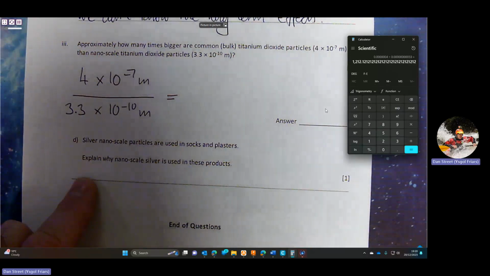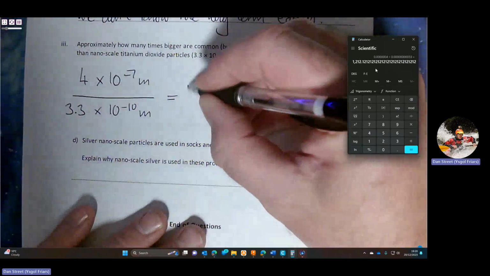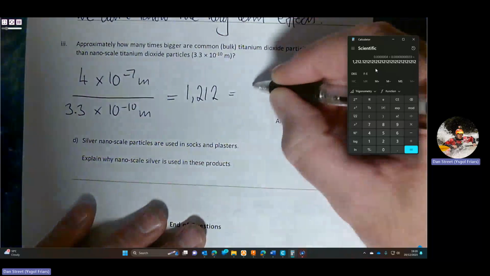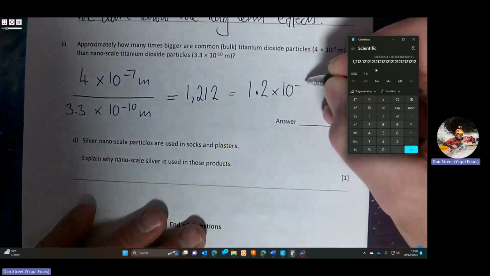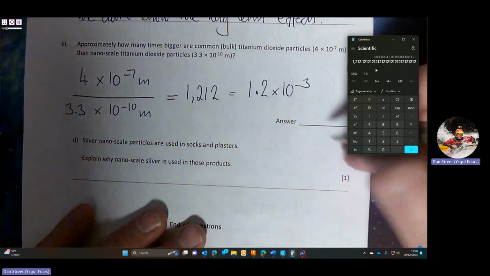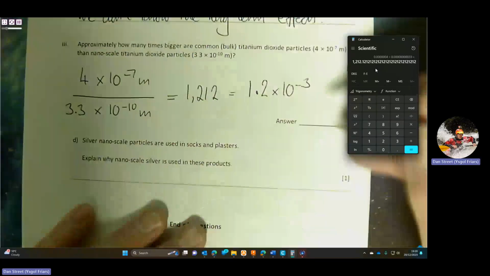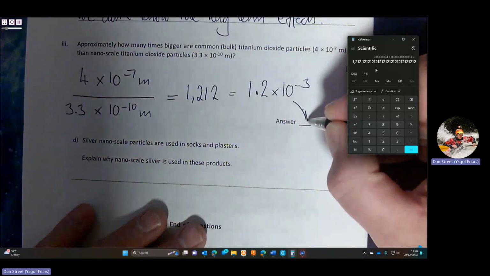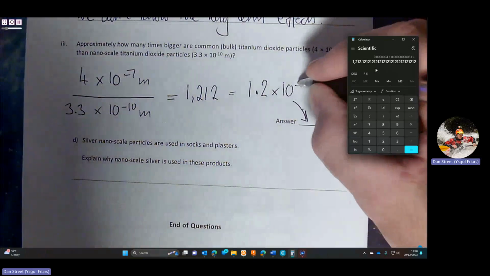And that gives us 1,212, which is equal to 1.2 times 10 to the plus 3. It says approximately here, so maybe we could go for 1,000, but let's put in 1.2 times 10 to the plus 3. Not minus 3, sorry, plus 3.